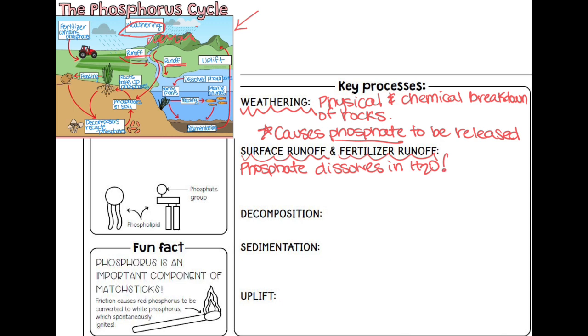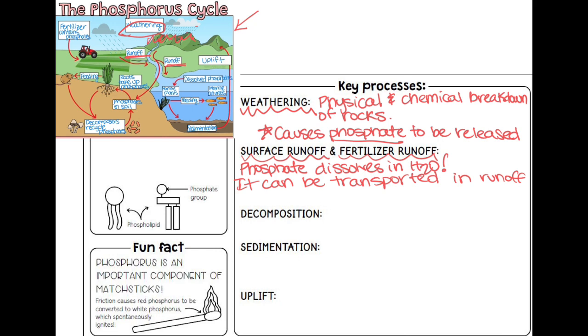So because of that, it can be transported in waterways and through the processes of our water cycle, as we learned before. So we're going to say it can be transported in runoff. So remember, runoff is any movement of water over the surface of the earth.